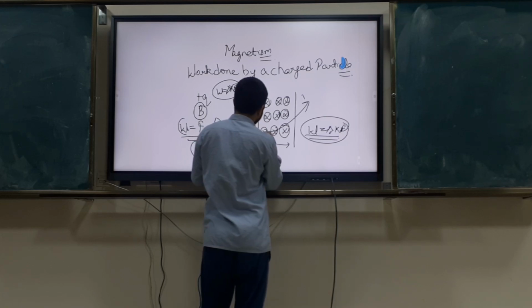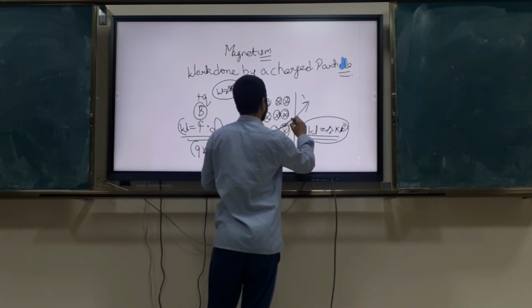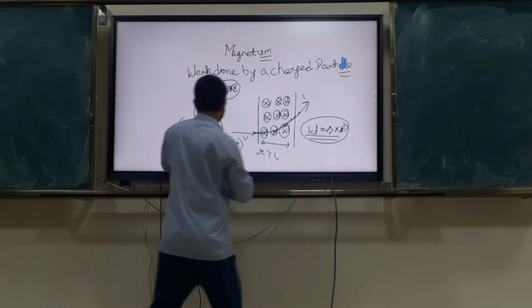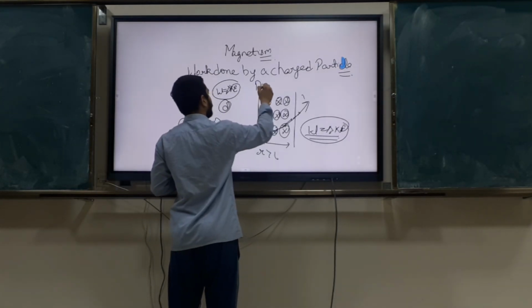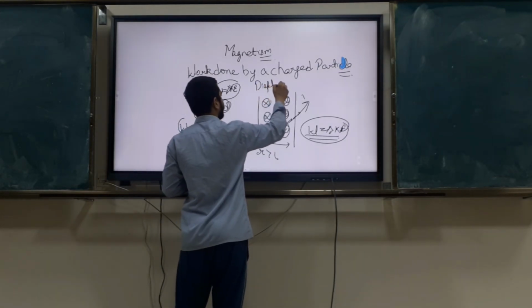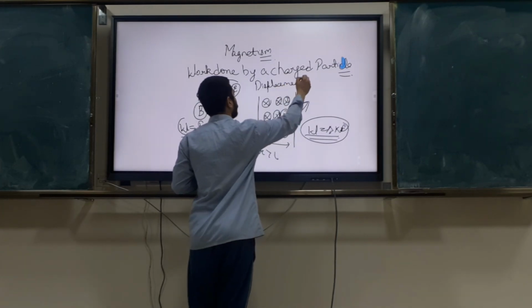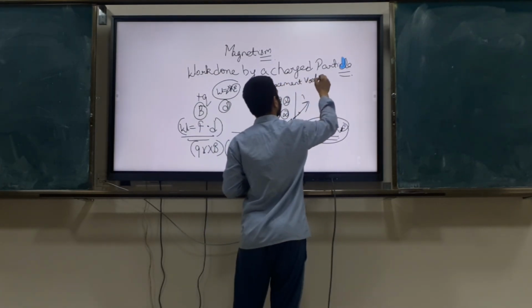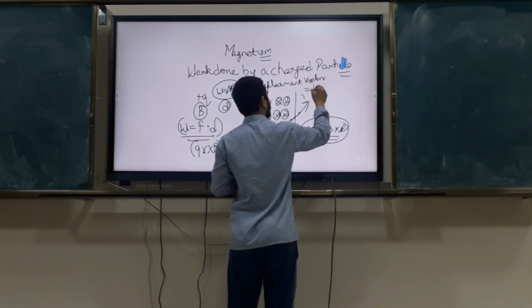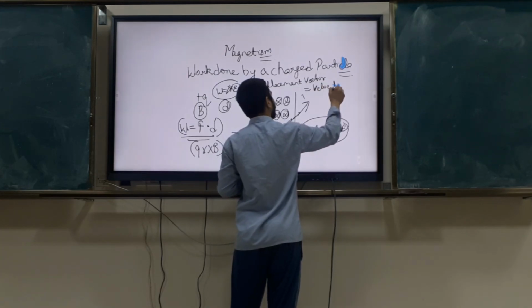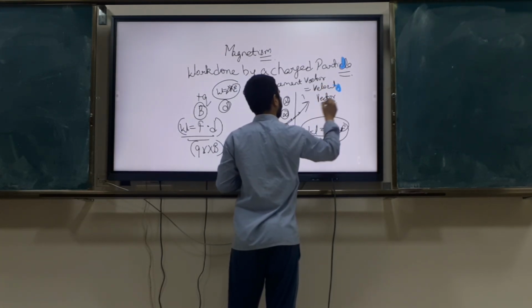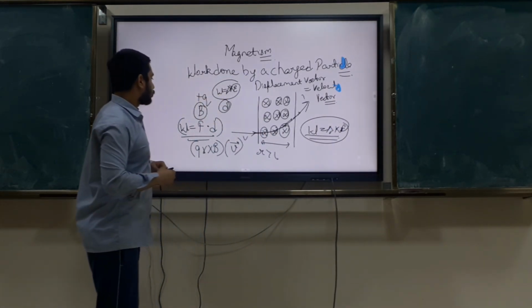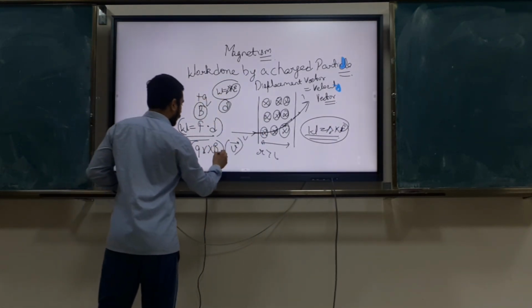We can always write the displacement vector as the velocity vector. So q (v cross B) dot v.